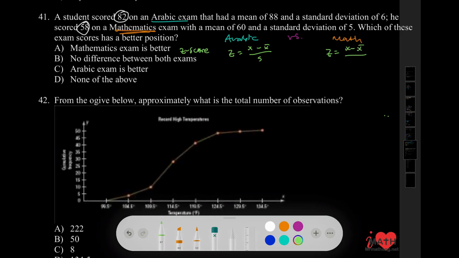And what we can do from here is just compare the two z-scores and see which one is higher. All right, so for the Arabic, the average was 88. So they scored an 82 on the test, minus 88, divided by a standard deviation of 6. So that's a negative 6 divided by 6, so they have a z-score of negative 1.